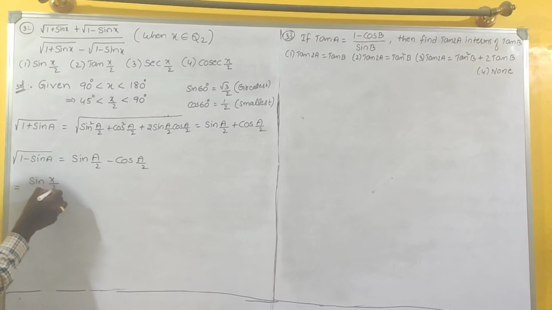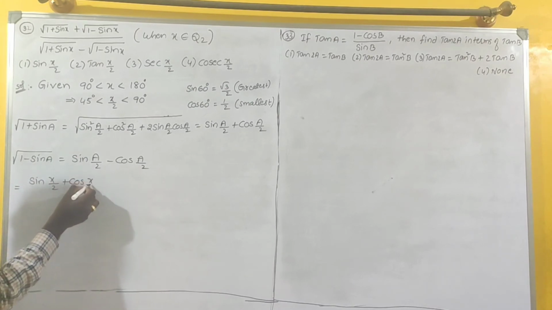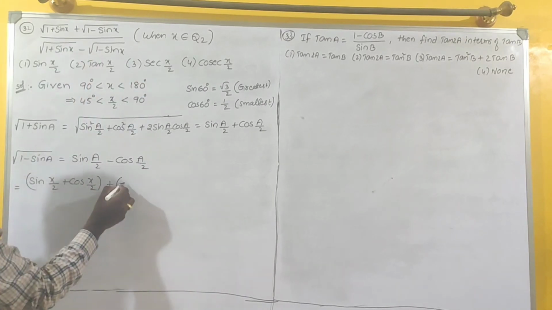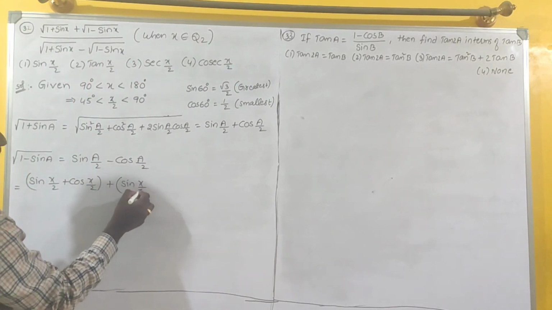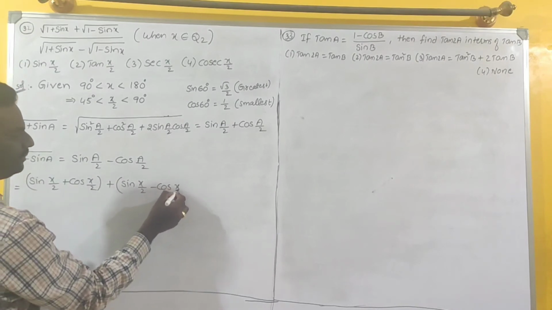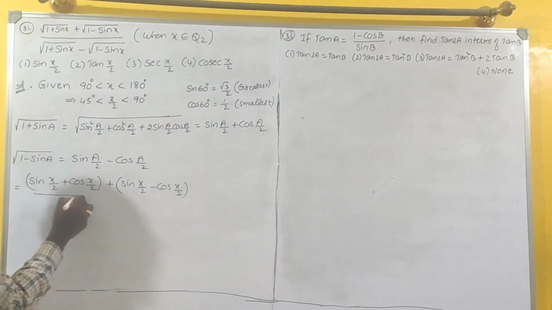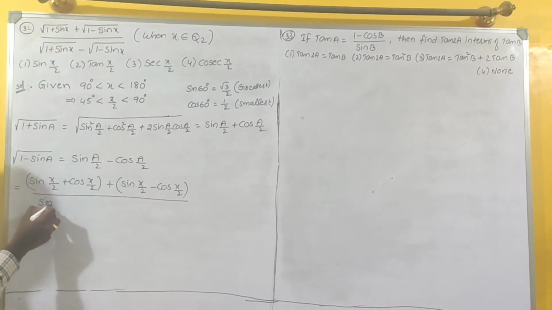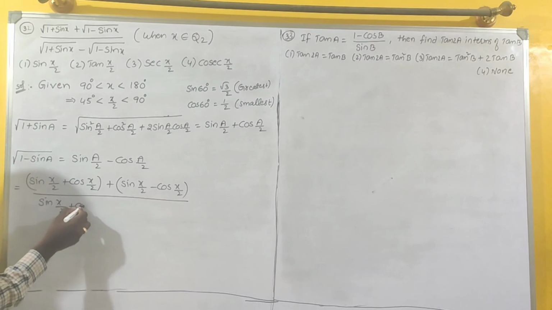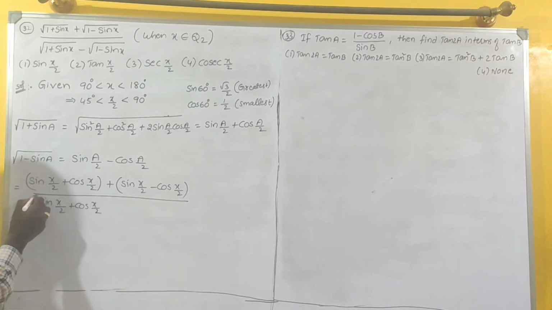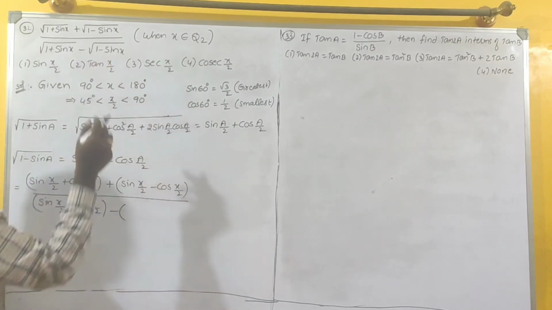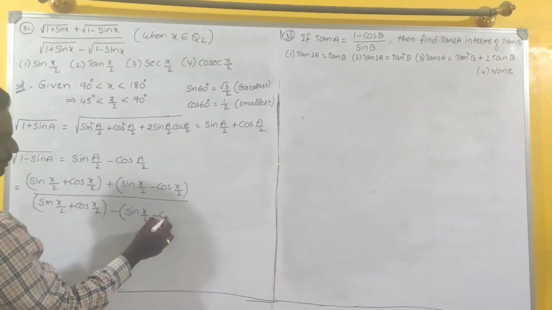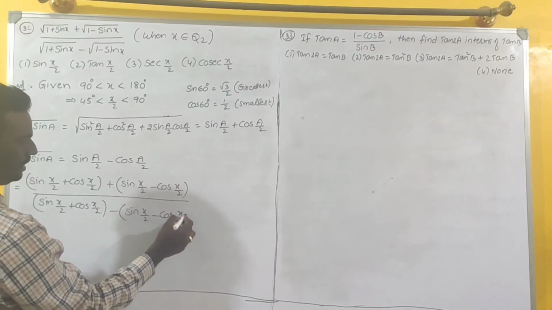Sin x by 2 plus cos x by 2, here sin x by 2 minus cos x by 2 by denominator. In place of under root of 1 plus sin x, sin x by 2 plus cos x by 2. Under root of 1 minus sin x, this one, sin x by 2 minus cos x by 2.